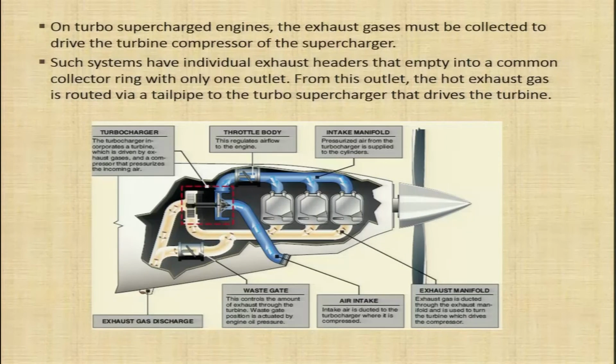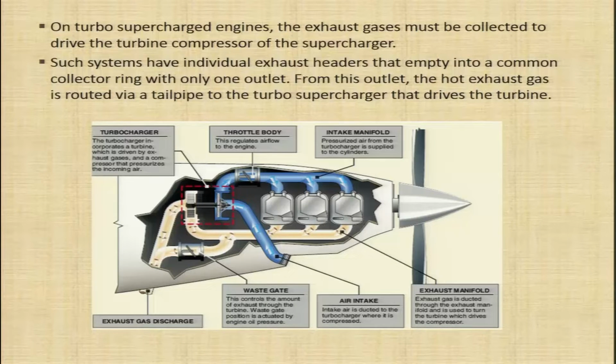On turbo supercharged engines, the exhaust gases must be collected to drive the turbine and compressor of the supercharger. We have seen in our earlier chapter that in the case of turbochargers, the exhaust gases are used to drive the turbine.